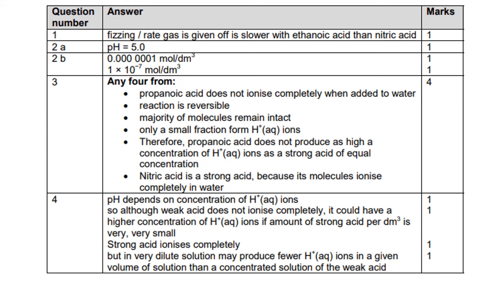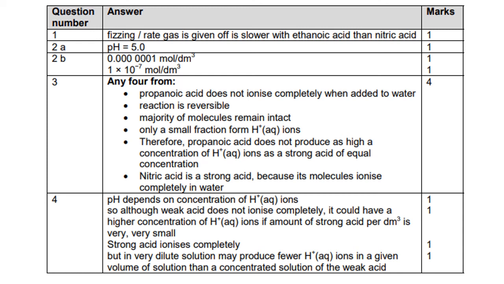Question 1 says equal amounts of sodium carbonate are added to beakers containing ethanoic acid and dilute nitric acid of equal concentration. What's the difference seen?